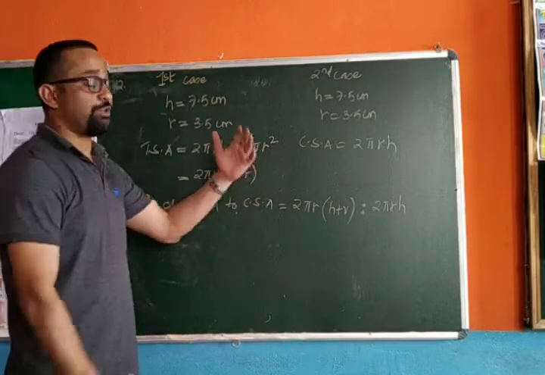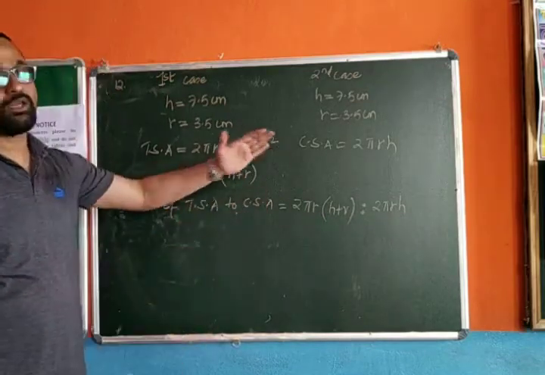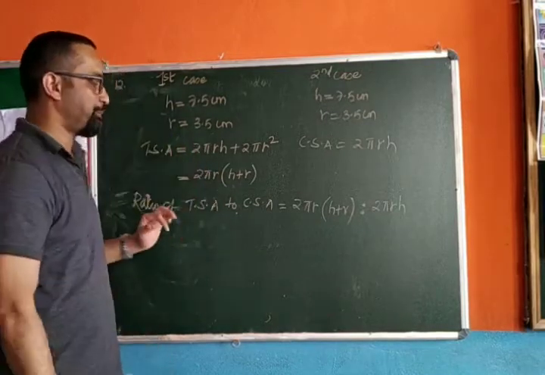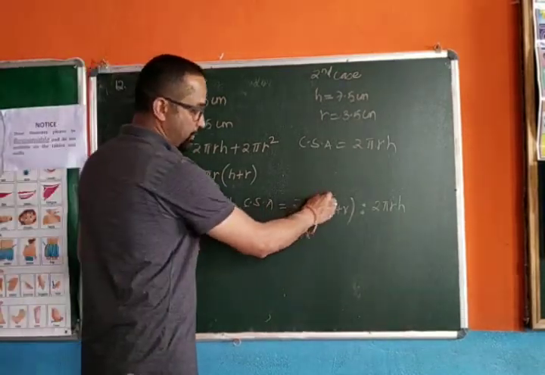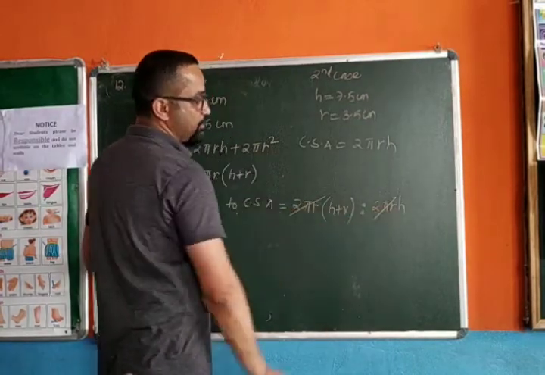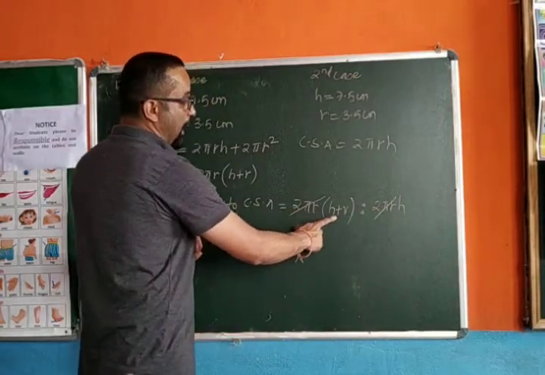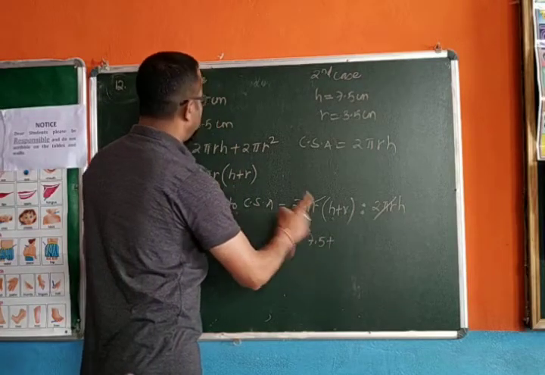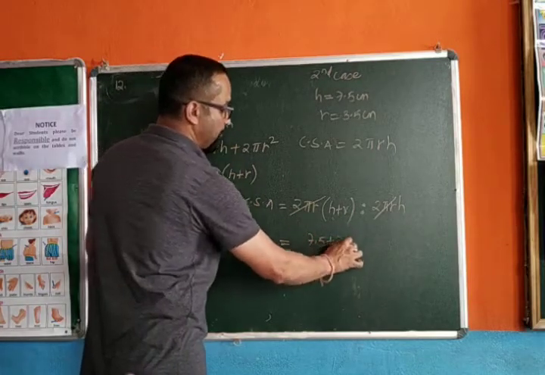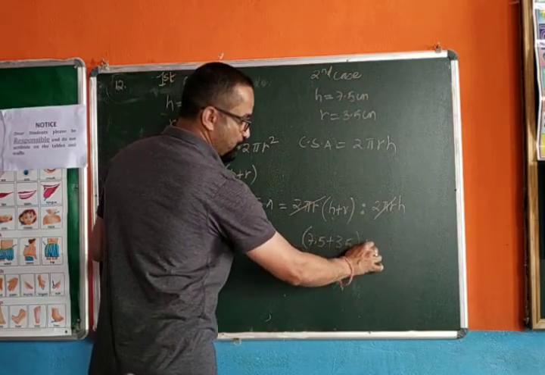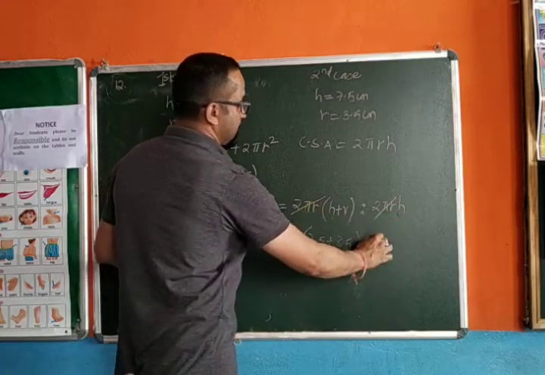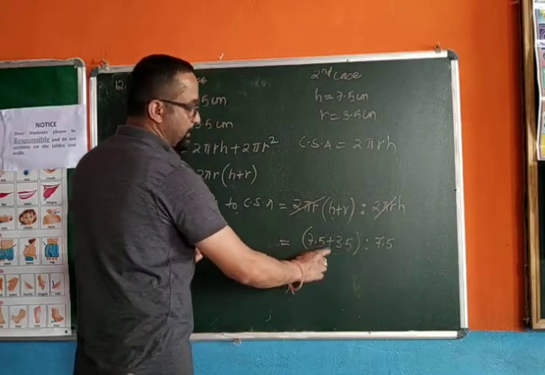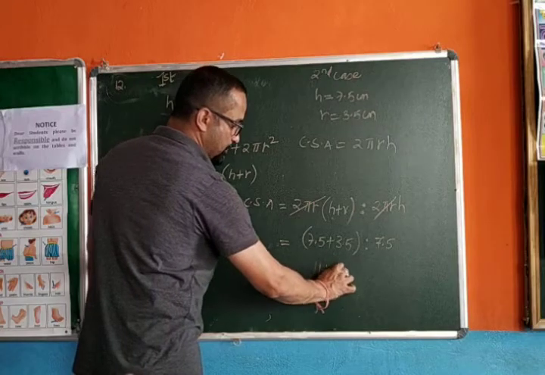After writing this, you can cancel directly or you can make it in fraction, antecedent and consequent. So I am cancelling here only. 2 pi r cancels. Height we got 7.5 plus radius is 3.5 is to 7.5. Add it up, 11 is to 7.5.